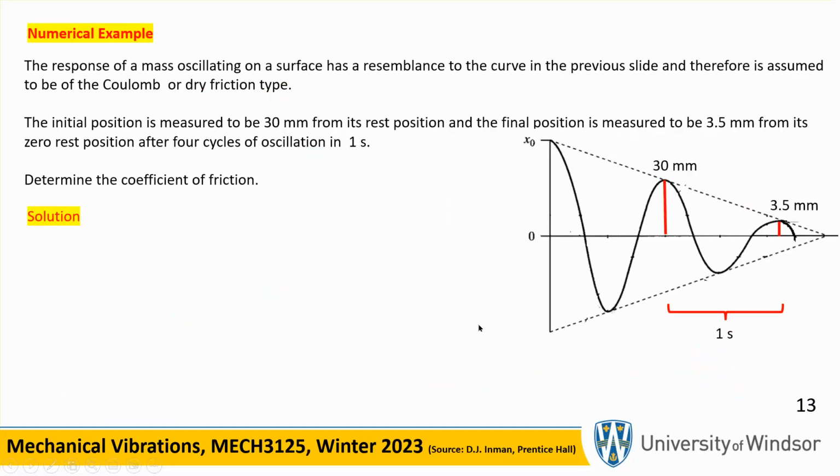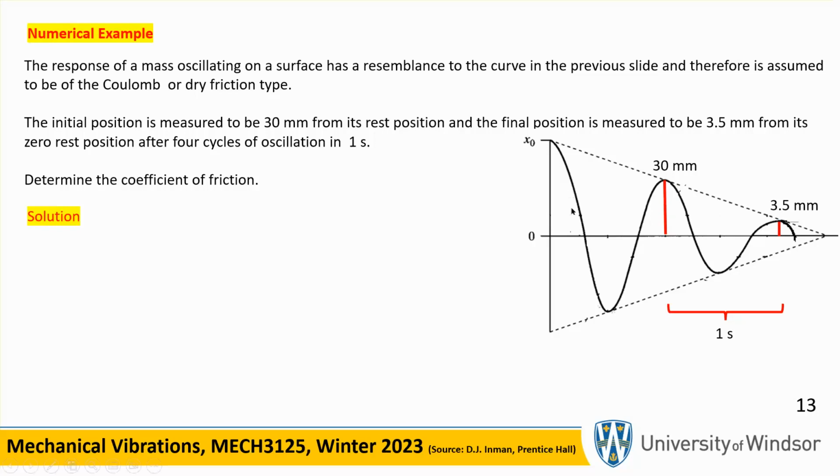Let's do an example. We have a mass oscillating on a surface, and the data that we get is based on the amplitude of oscillation, in other words, the distance of the mass. Initially you moved it out some distance, let it go back and forth, and measure the maximum distance to the equilibrium position.